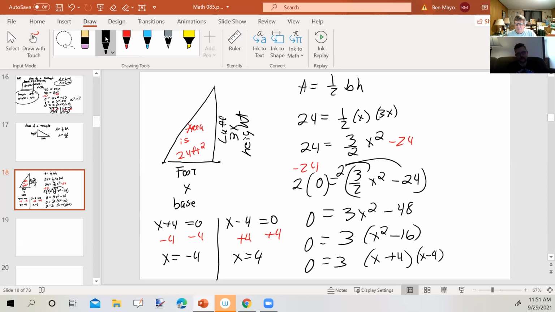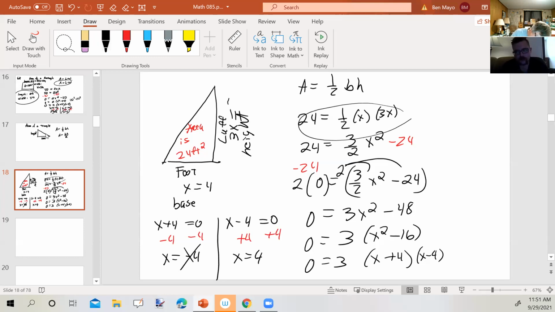Well, once again, we're dealing with the foot and the loof, however you say that. Those are distances or lengths or widths, whatever. So they can't be negative. Even though -4 is a solution to the equation, it doesn't fit the actual problem. So if x is 4, this would be 4, and 3 times 4 would be 12.